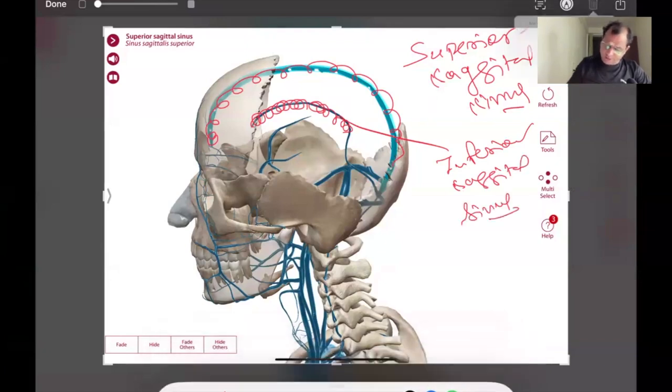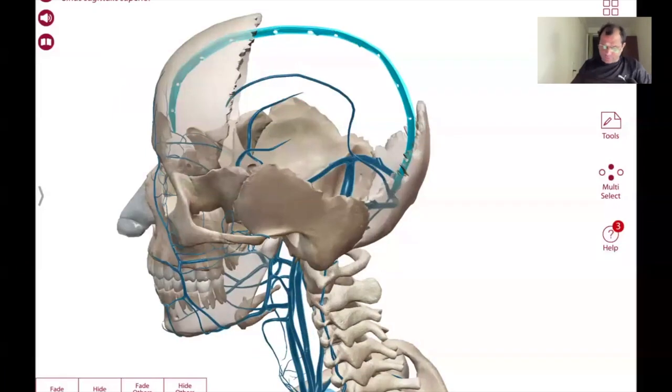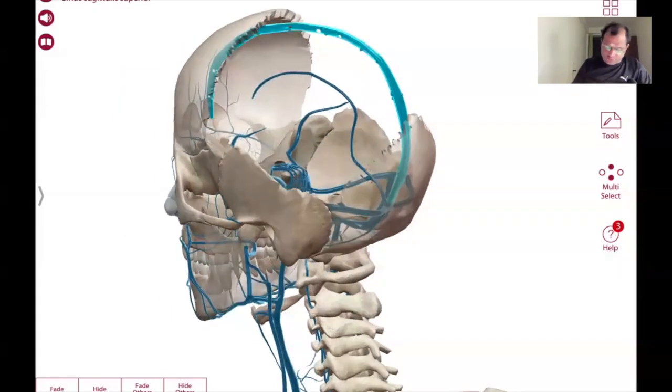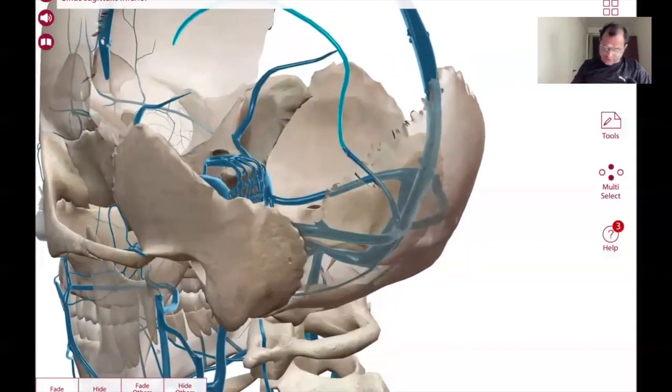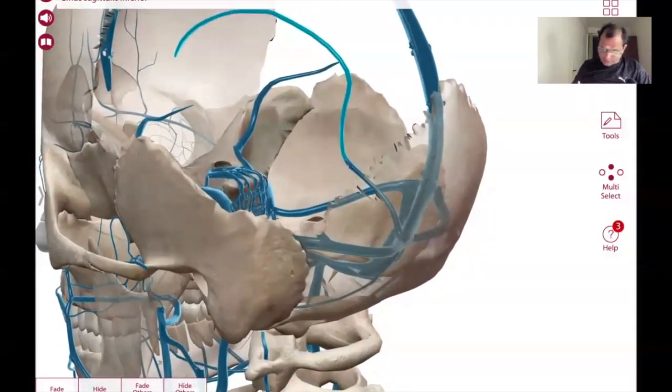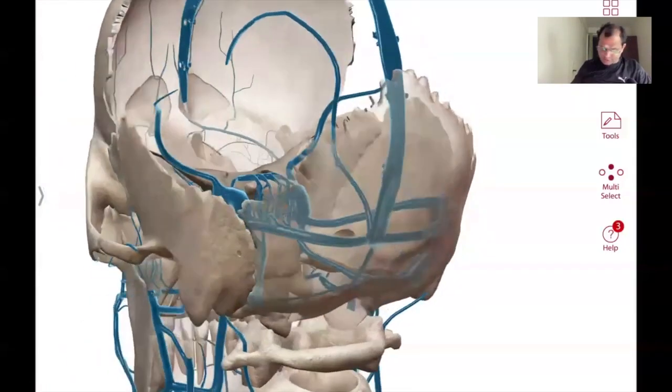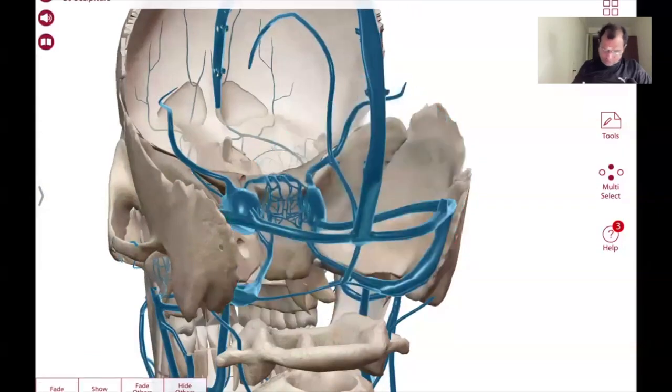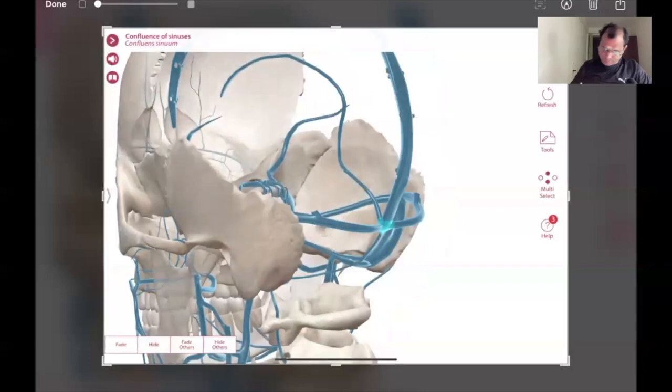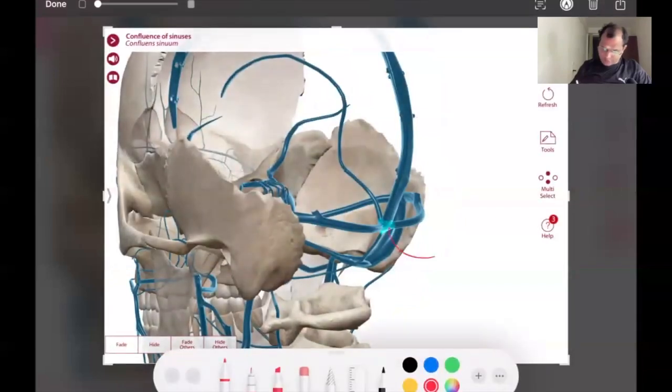Now, one thing I would like to tell you. This is the inferior sagittal sinus. Yesterday we discussed the confluence of sinuses, the meeting point of sinuses.